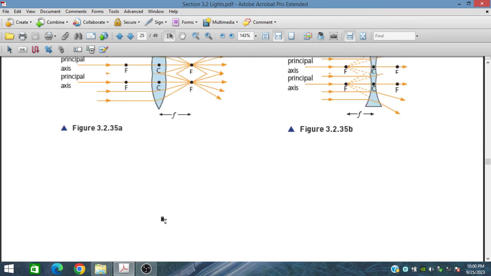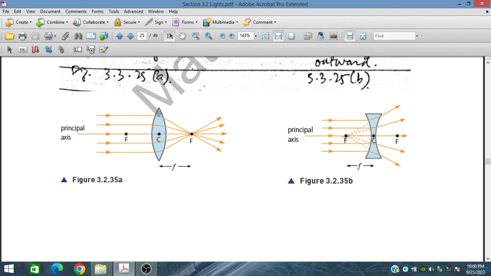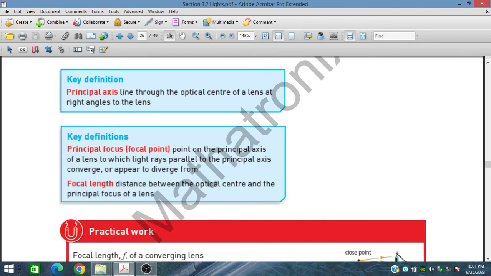This is called the focus or focal point. The distance between the optical center and the principal focus of a lens is called the focal length.